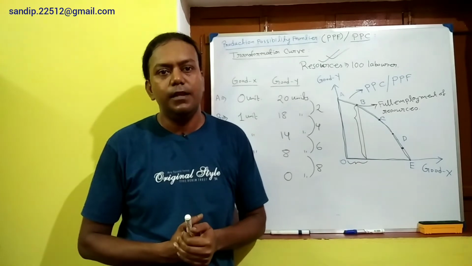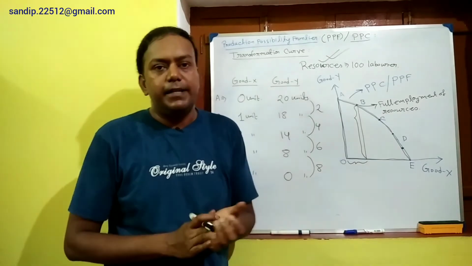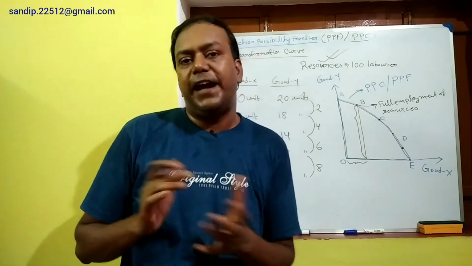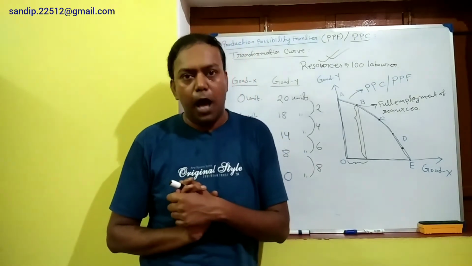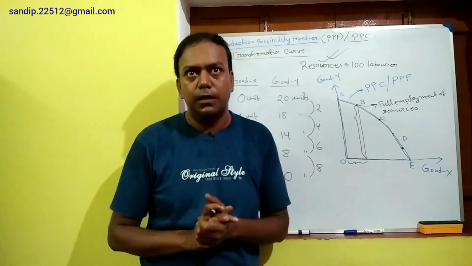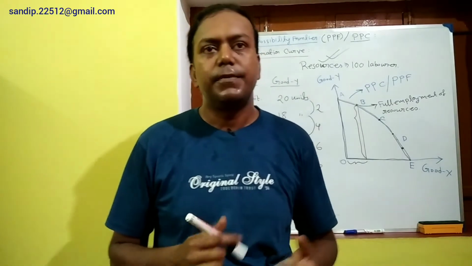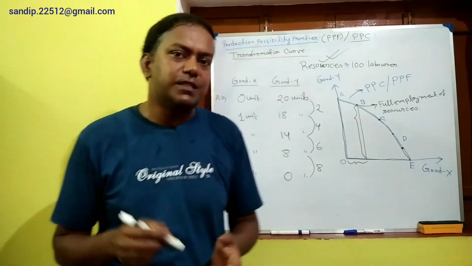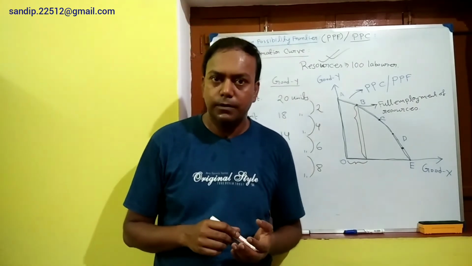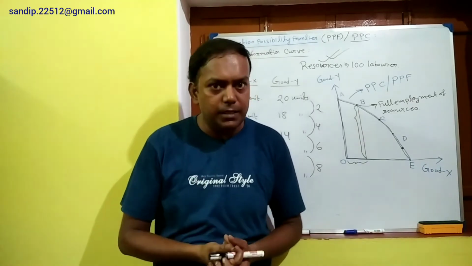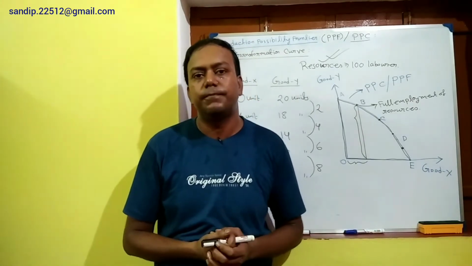Okay, for example, if I say a factory has a production capacity per month of 1000 units of goods. Now if it produces 1000 units of goods, then obviously it can produce that because it has the capacity of production of 1000 units.